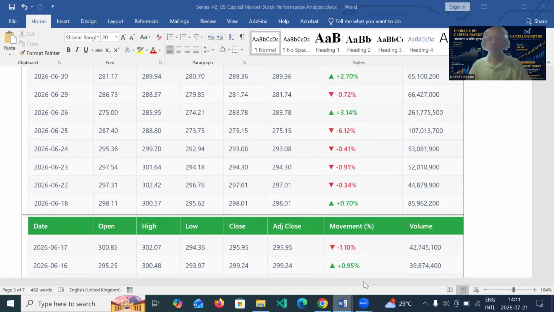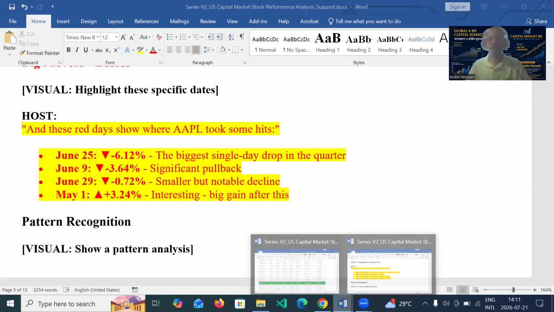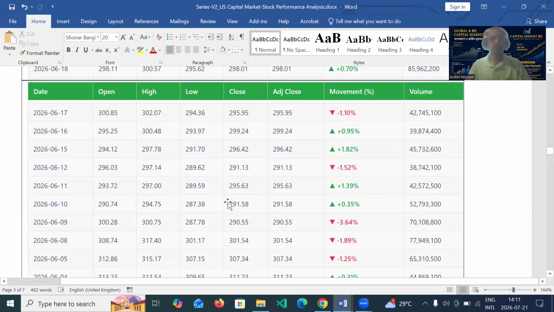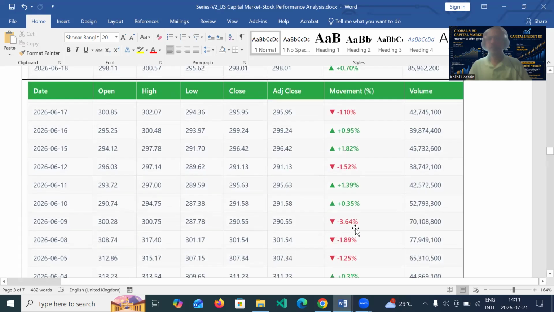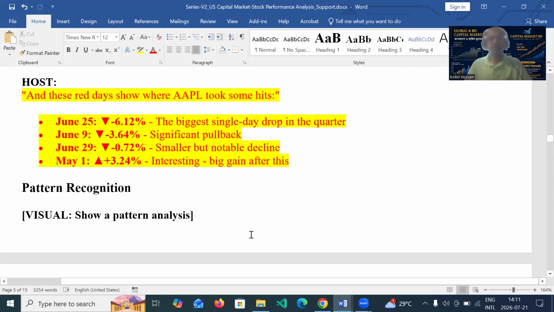You'll see everything here. Then June 9, 3.64%, significant pullback. You see, June 9, you go down, 3.64%. Then May 1, up 3.24%. Interesting, big gain after this.